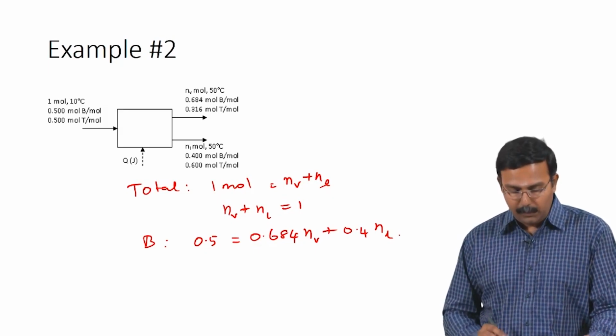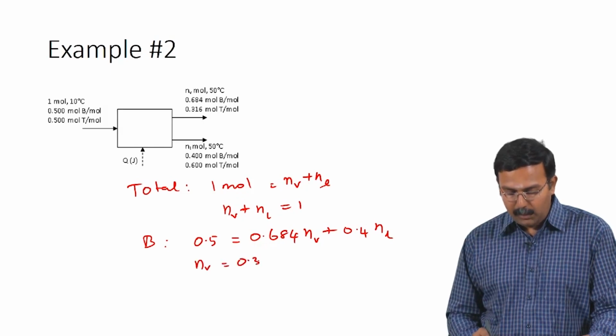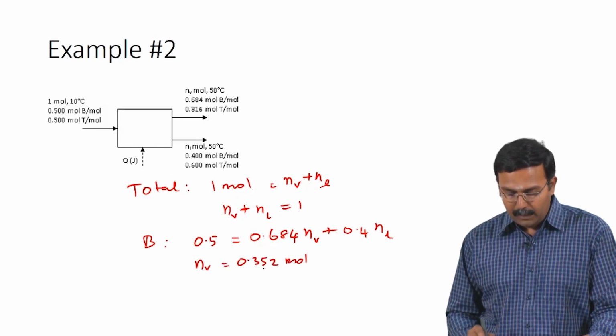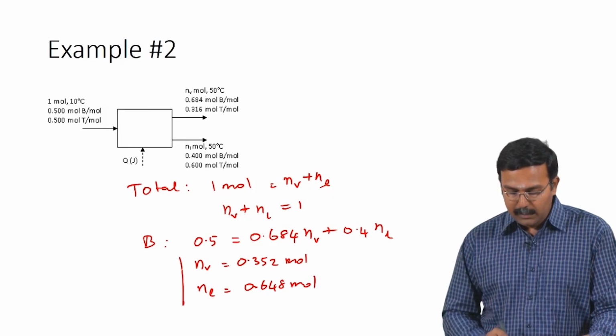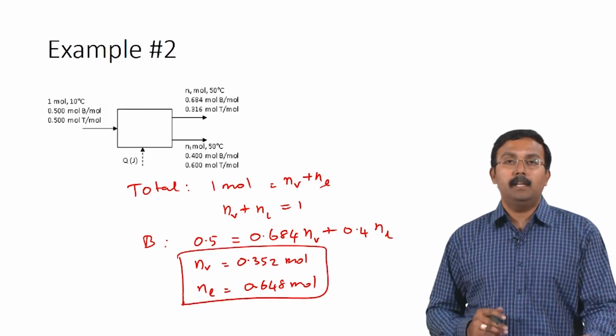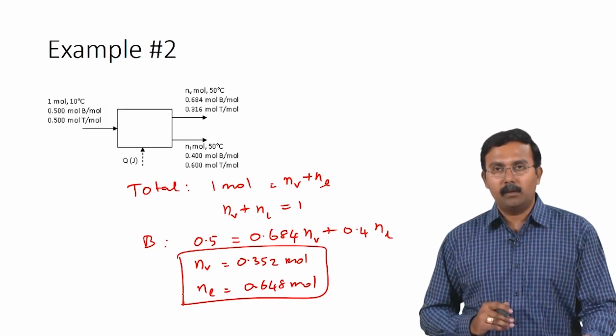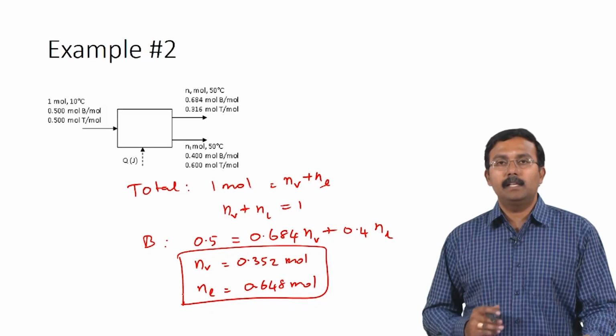We can solve these equations simultaneously to get NV equals 0.352 moles and NL equals 0.648 moles. These are the number of moles of the vapor and the liquid phase which are leaving the system. Now that we have performed the material balance calculations, we need to start looking at the energy balance part of the problem.